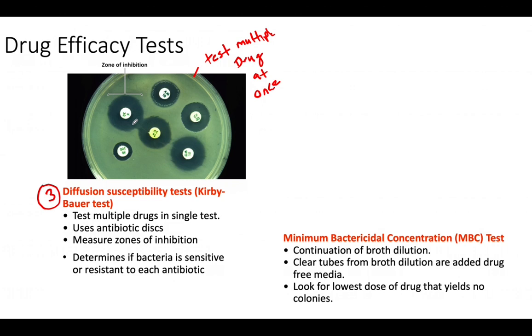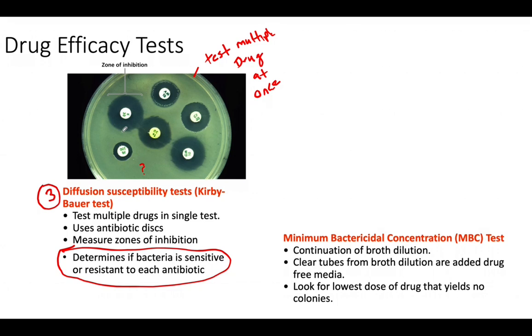So it's really helpful. It's not going to give you a dose, but instead what it's going to give to you is this bacteria, whatever bacteria you put on the plate, is it sensitive or resistant to each of these different antibiotics? And that's a really important finding to have.